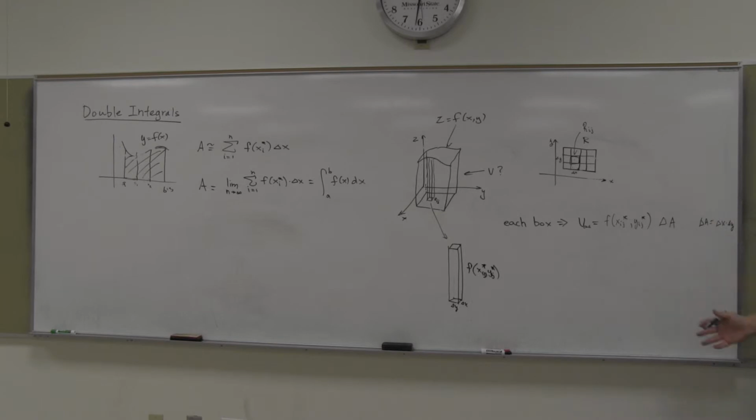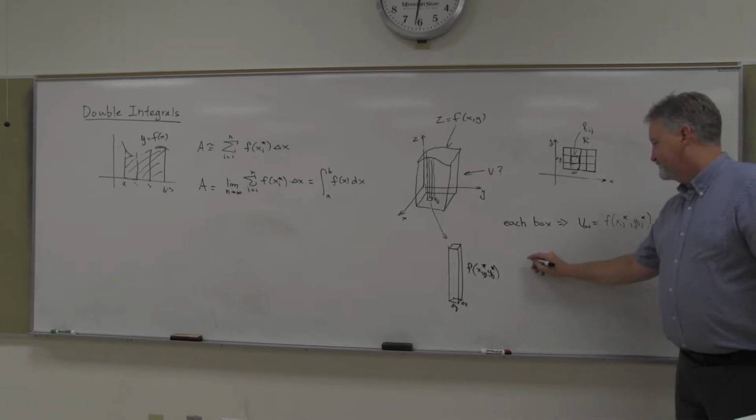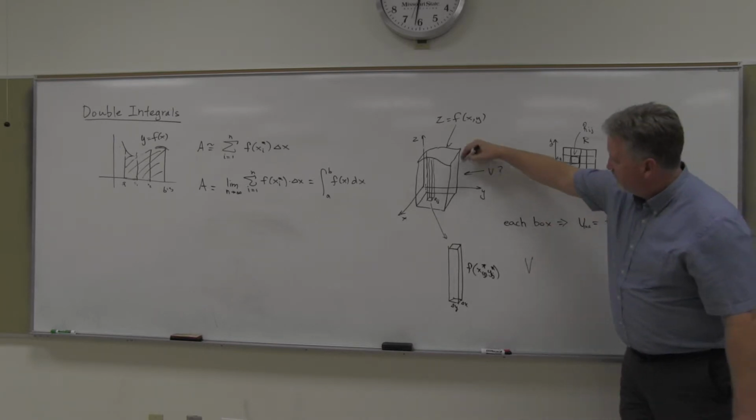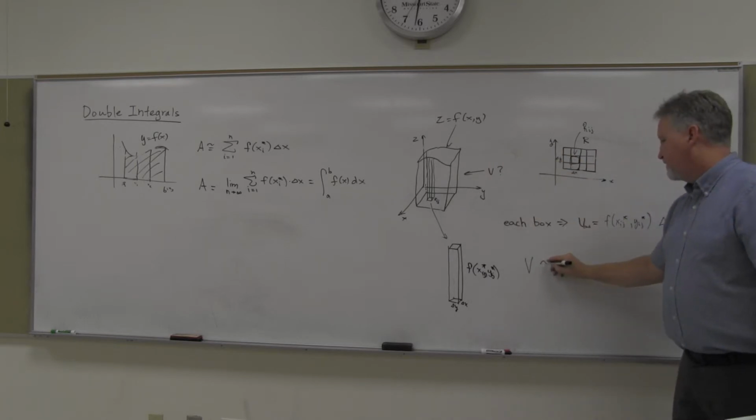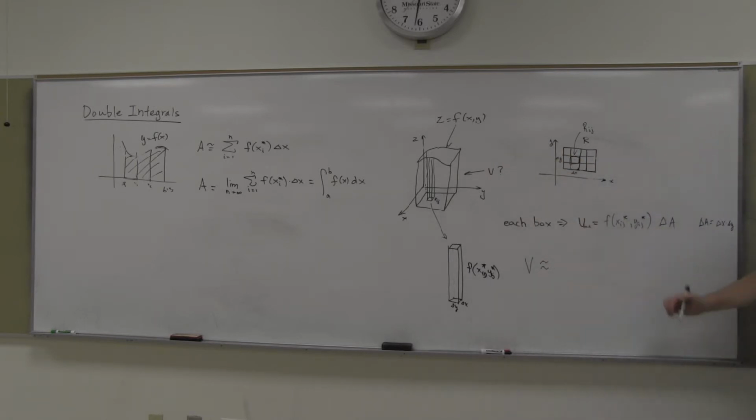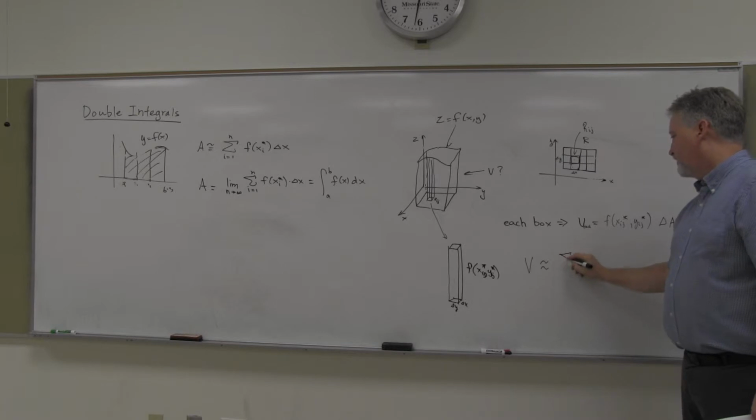So if I add up all those, the volume V is going to be approximately then, all right? So I've got to do two summations because I've got i's and j's, for the x's and the y's.